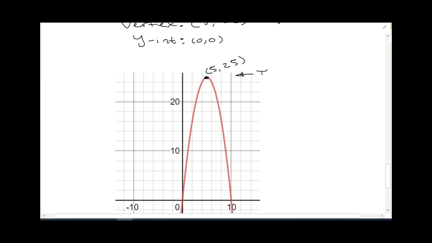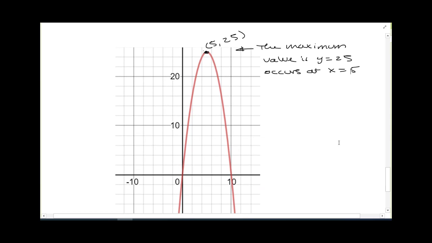So that means that the maximum value is y equals 25, and it occurs at x equals 5. Now, the way I graph it, I plot my vertex, I plot my y-intercept, which was (0, 0), and then x equals 5 is our line of symmetry.